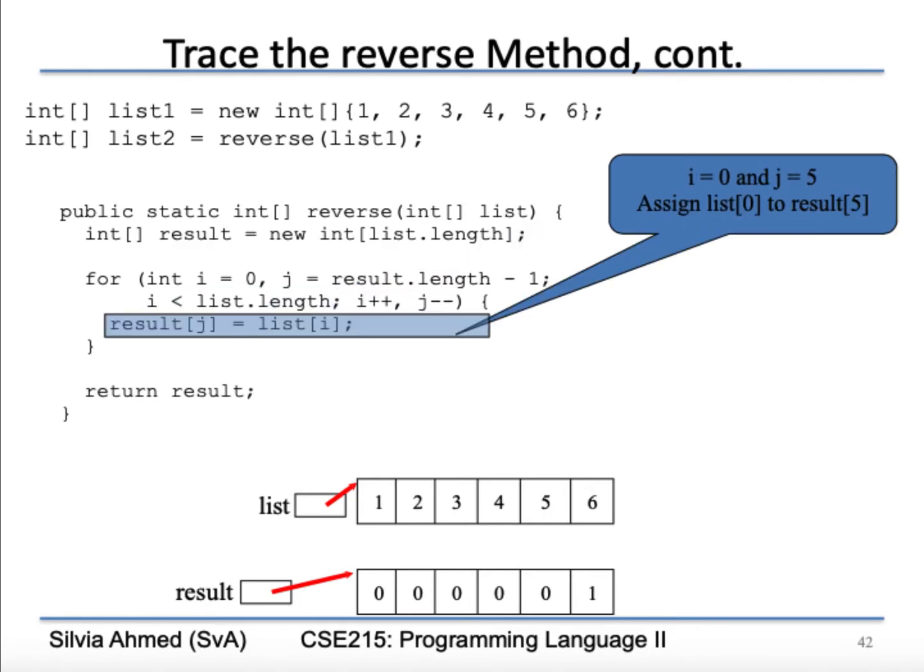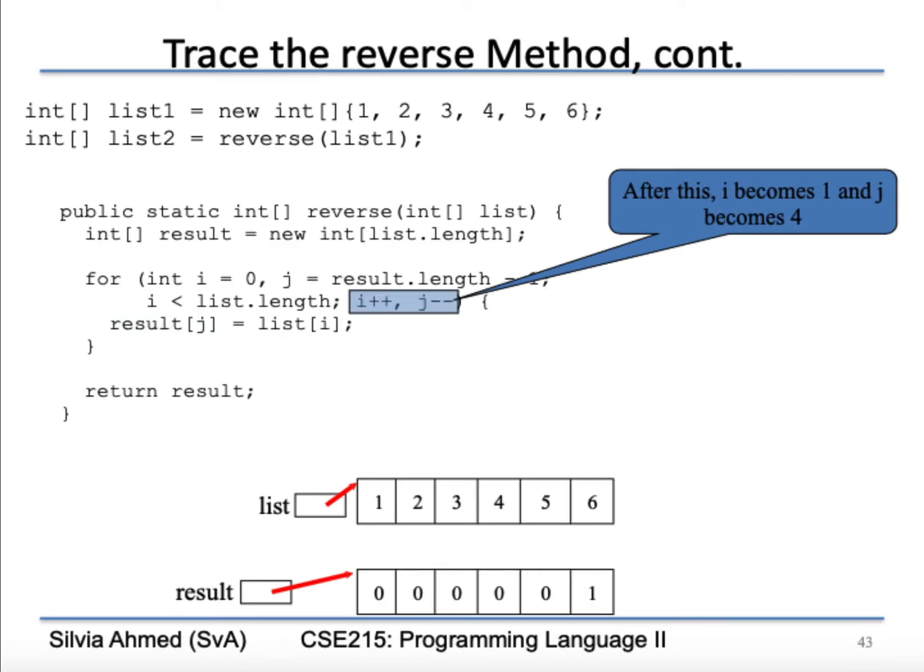So we get inside the for loop and we assign the value at the 0th position of list into the jth position of result. That means list at 0, which is 1, will be assigned into result at j, which was 5. So 1 will be assigned here in the result.